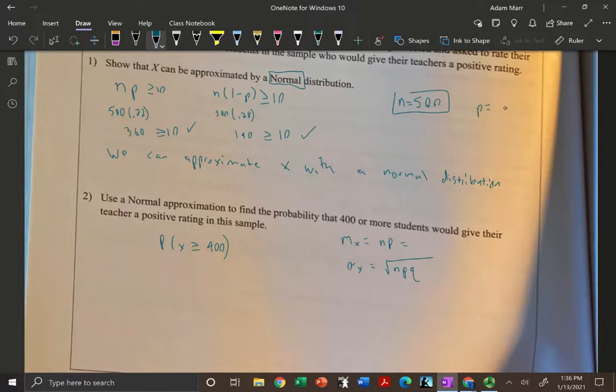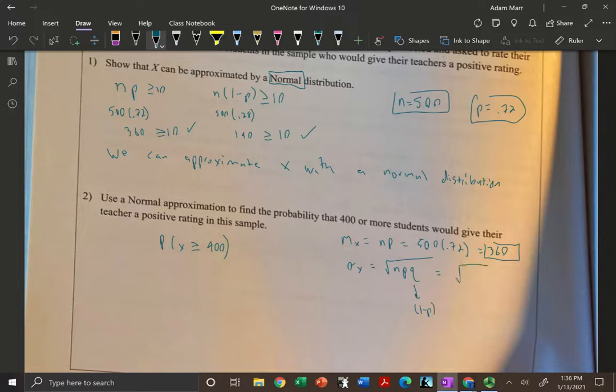P was, once again, 0.72. We already figured that out up above when doing the normal approximation. That came out to 360. Now the standard deviation is the square root of N times P times Q. Remember, Q just equals 1 minus P, the probability of failure.